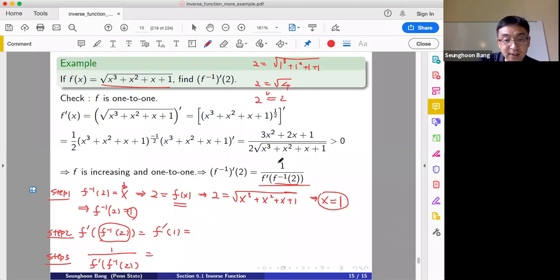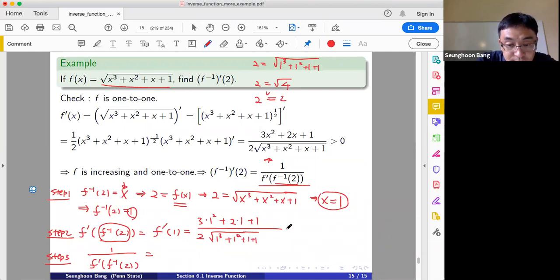f prime of x is given here. You plug 1 into x, so we have 3 times 1 squared plus 2 times 1 plus 1, over 2 times the square root of 1 cubed plus 1 squared plus 1 plus 1.